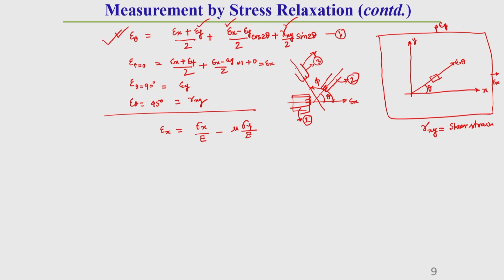If the welding is done along the x axis, then we will get longitudinal stress, and along the y axis it will be perpendicular to the welding direction, so it will give you transverse stress. That I will discuss in a subsequent slide in detail. Epsilon x gives sigma x by E minus mu sigma y by E, and how it is, I will also show you.